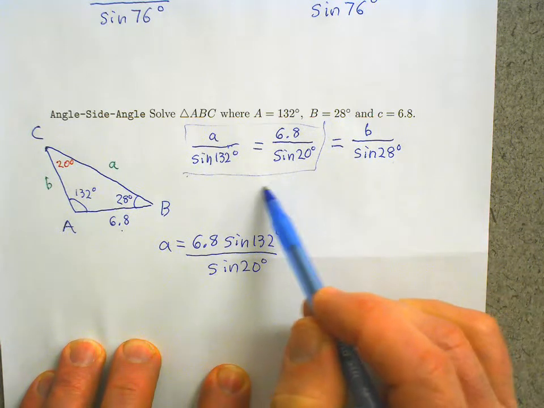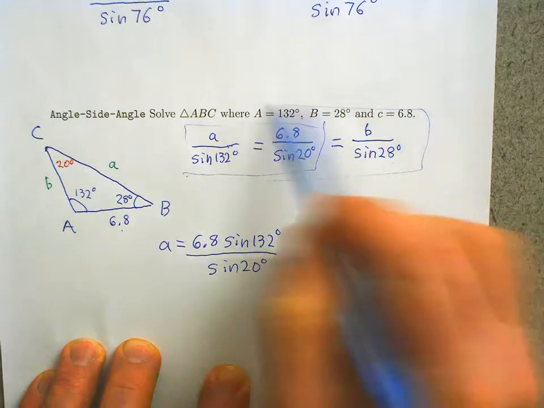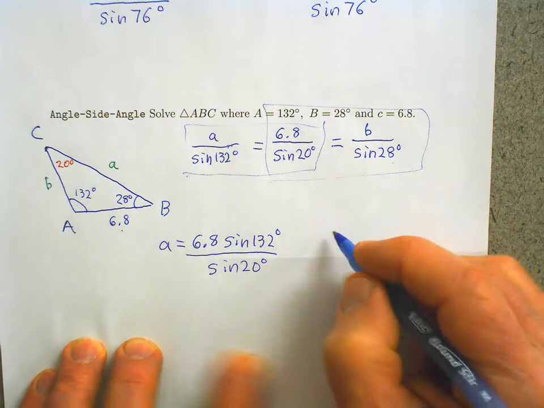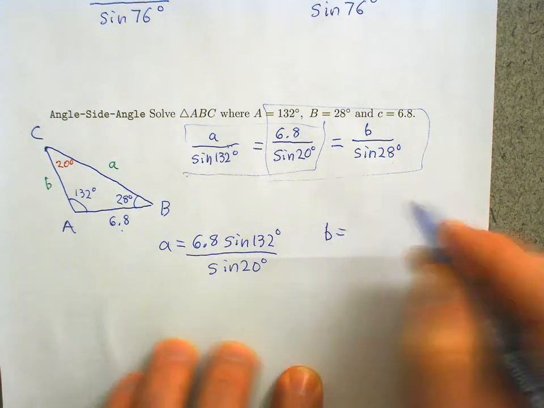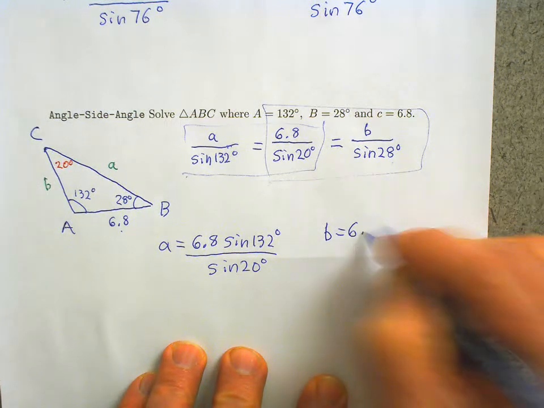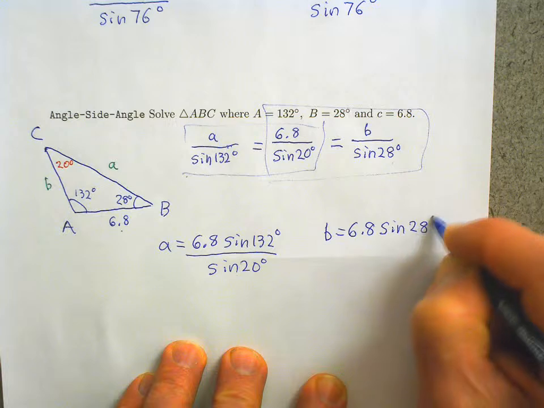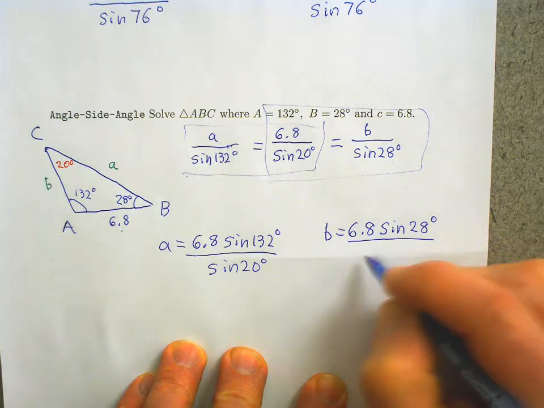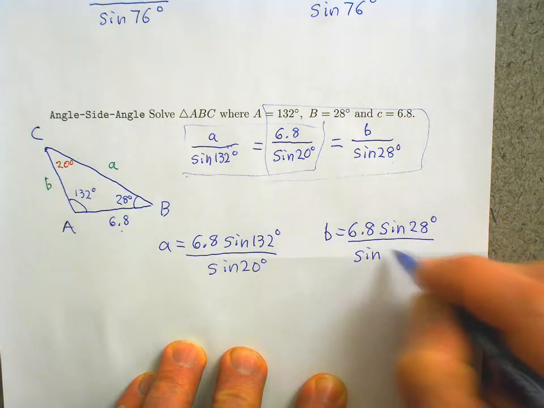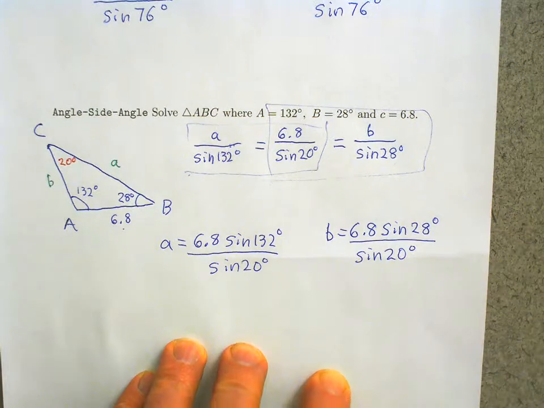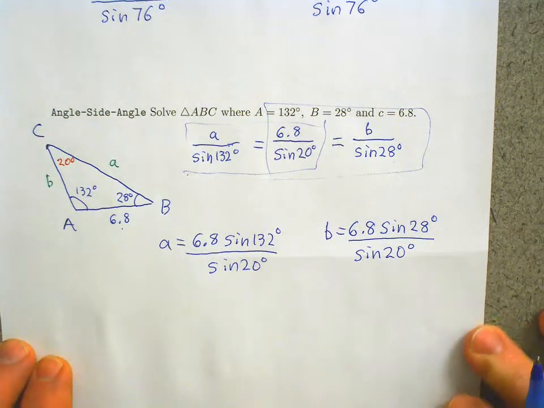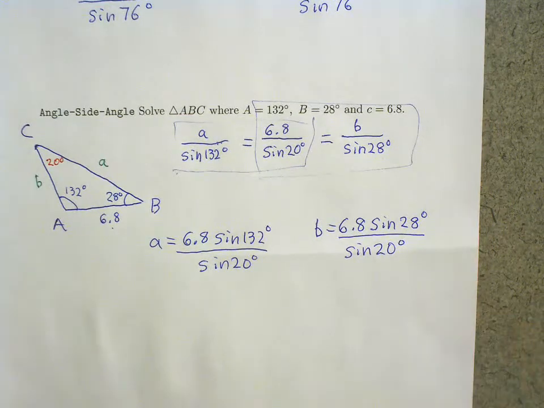And then if we solve the equation on the right for lowercase b, we get b is equal to 6.8 times the sine of 28 degrees divided by the sine of 20 degrees. Hey, that wasn't so bad. Okay, the next page.